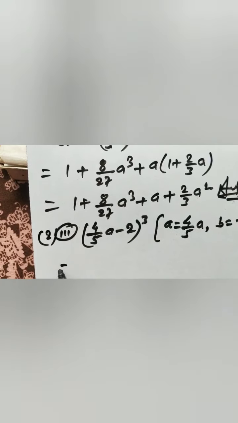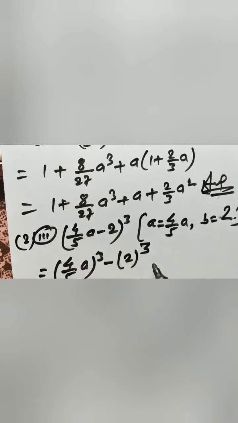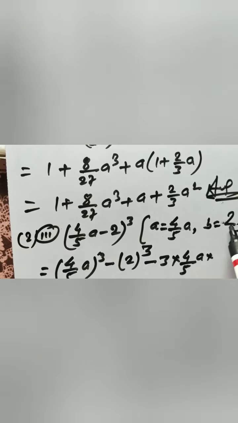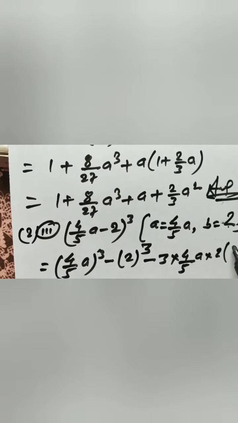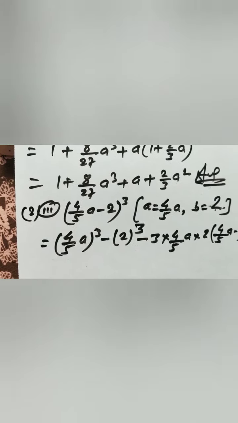So (a minus b) the whole cube is a cube, that is (4 by 5a) the whole cube, minus b cube, that is 2 the whole cube, sorry, b is equal to 2, so at the place of b you have to write 2, and then minus 3ab, at the place of a you have to write 4 by 5a, and at the place of b you have to write 2, and then (a minus b), so (4 by 5a minus 2) will be here.